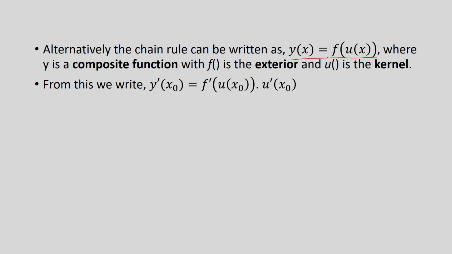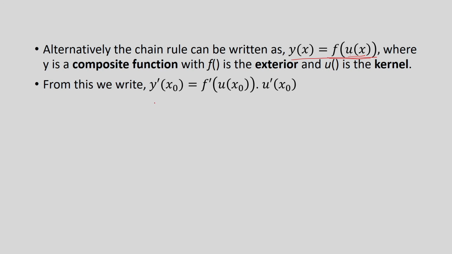So, I write this as a function of a function, where y is a composite function with f as the exterior and u as the kernel. Kernel means something which is inside, and f is the function which is outside. So, you have basically two functions fused together.